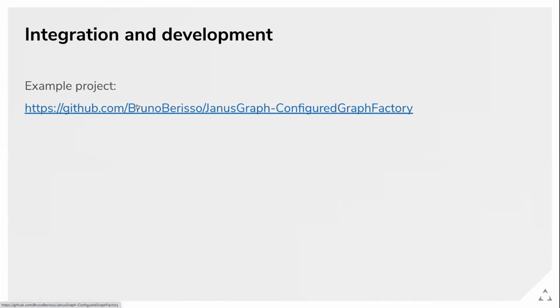I put together an example of a basic setup, so you can start playing with this on your machine without having to go back and forth with all the settings or running everything locally. I have a docker compose here with Cassandra and JanusGraph ready to go.